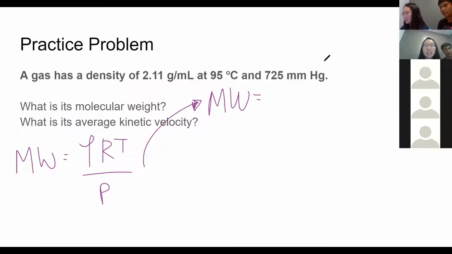All right, so density is going to be 2.11 grams per ml. We don't need to convert anything because they match.